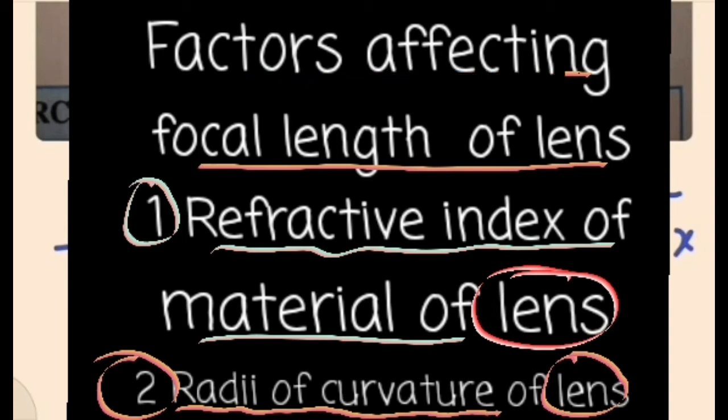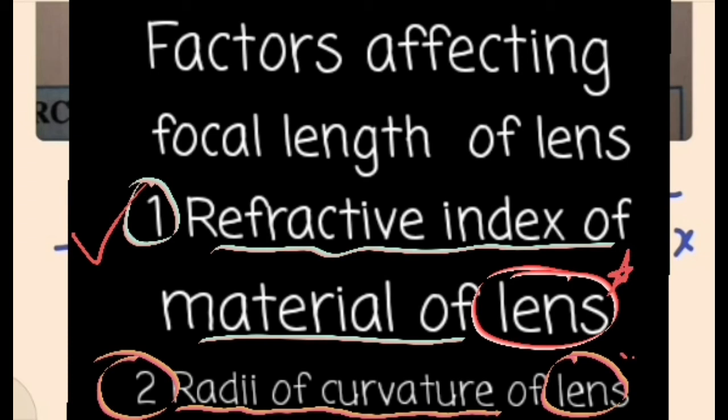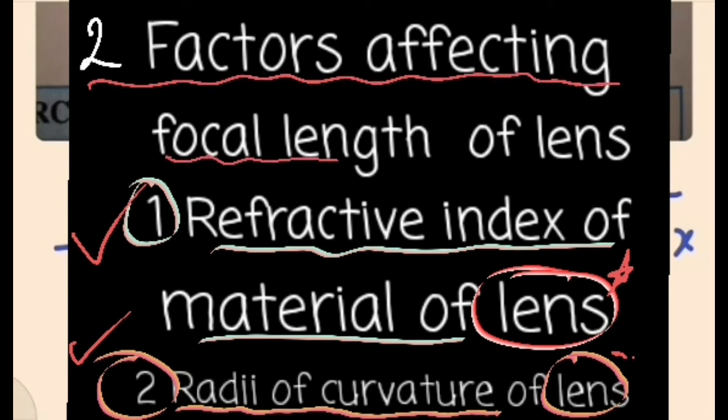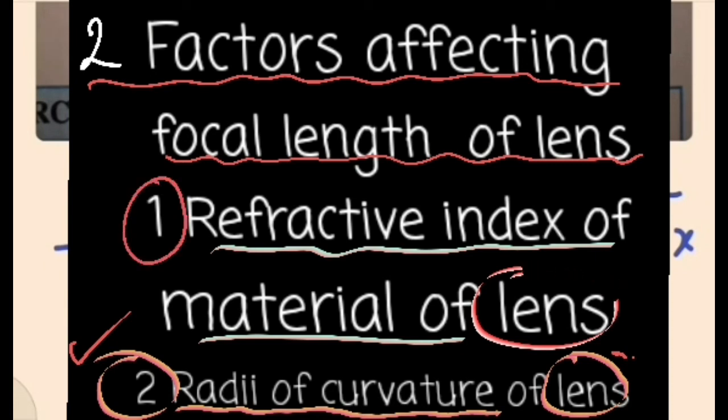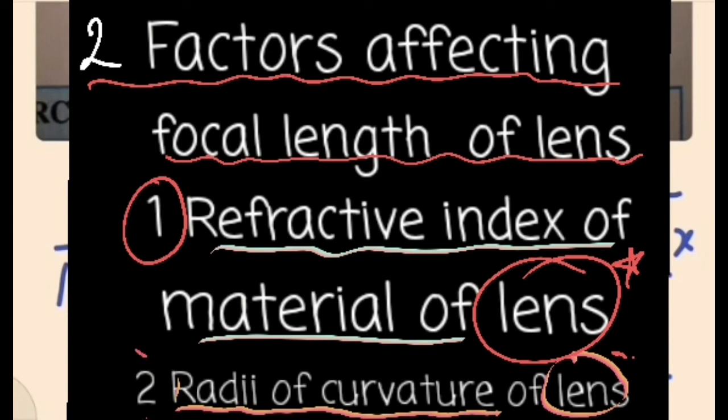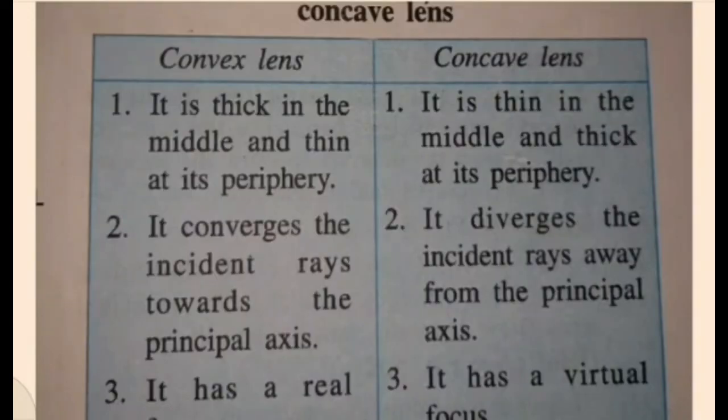The second factor is the radii of curvature, R. Two radii of curvature are there, so we name that radii of curvature. So these two factors alone affect the focal length: the refractive index of the lens and the radii of curvature. Now we'll see the difference between convex lens and concave lens.